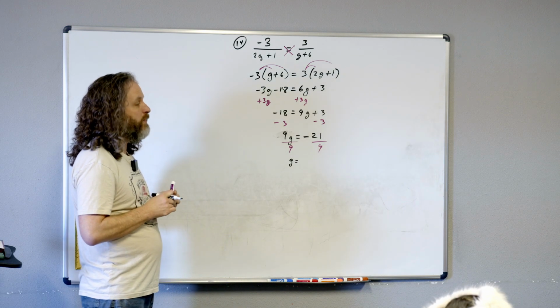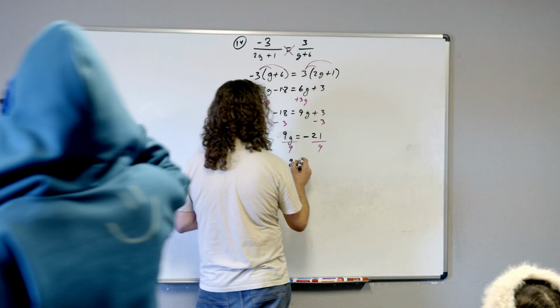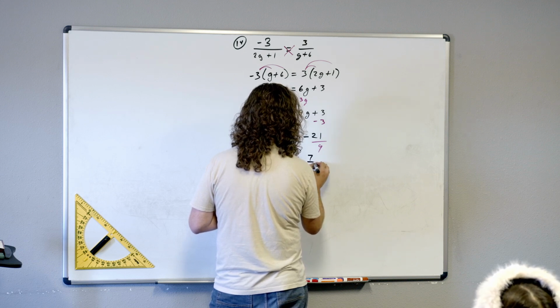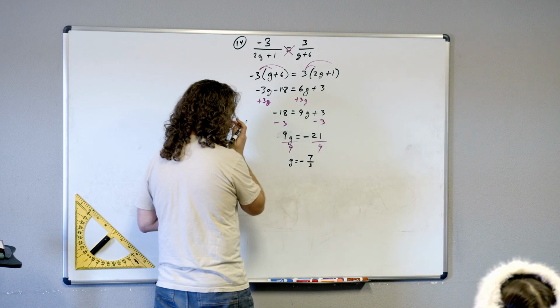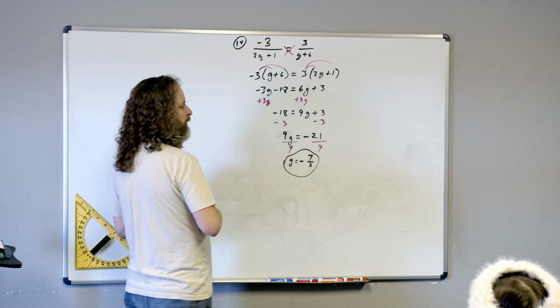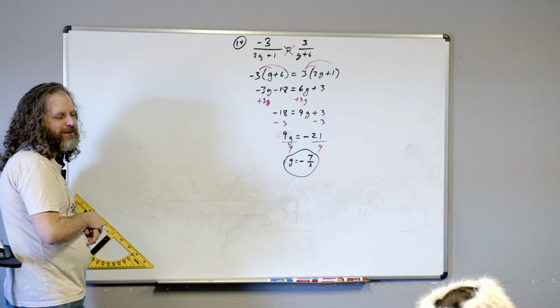Negative 21 ninths, which reduces to negative 7/3. Or negative 2 1/3 if you prefer. But not 2.3 because that's rounded. You have to put a little line if you're going to do that.